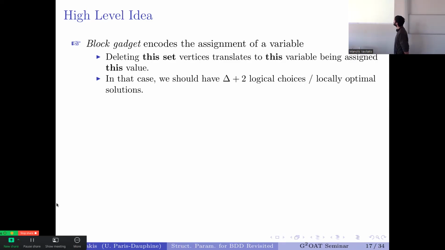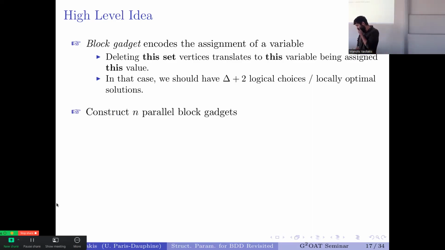For a variable, this should have delta plus 2 logical choices, because this is the number of values that a variable can take. So delta plus 2 is equal to b. We intend for our problem to have delta plus 2 logical choices, or if you want, locally optimal solutions somehow.